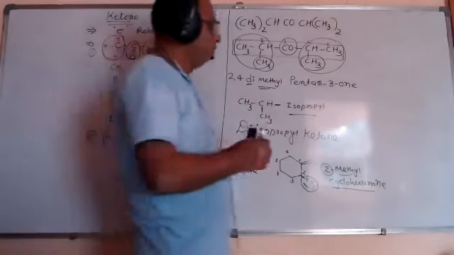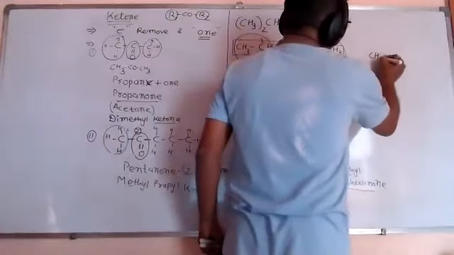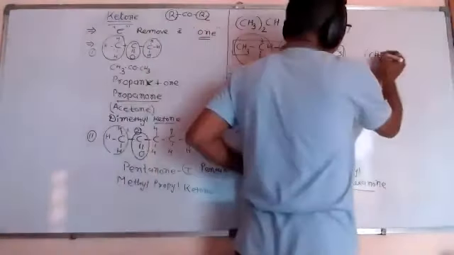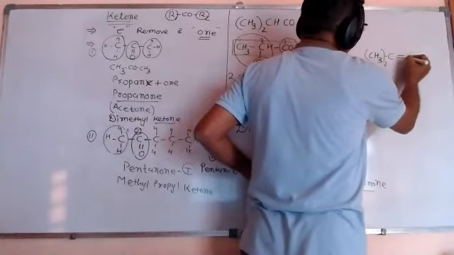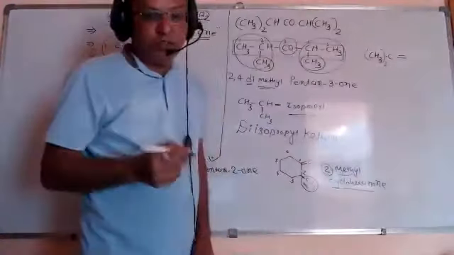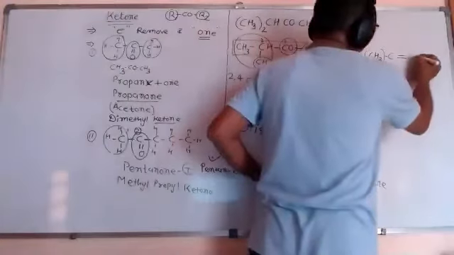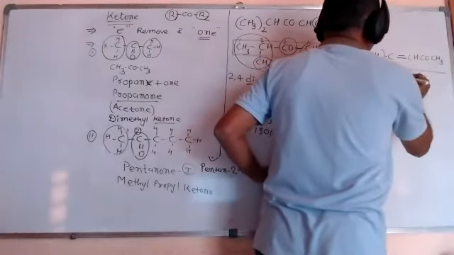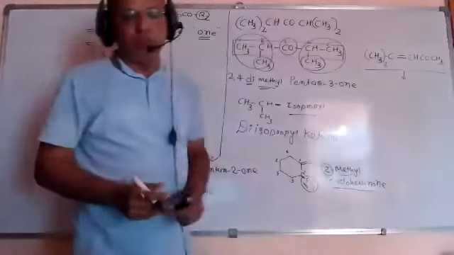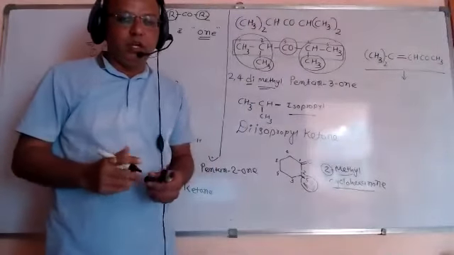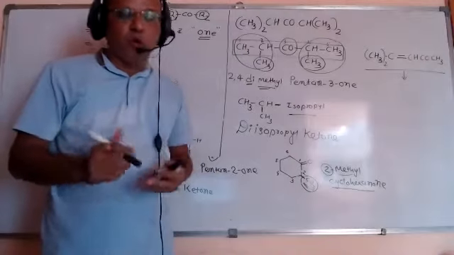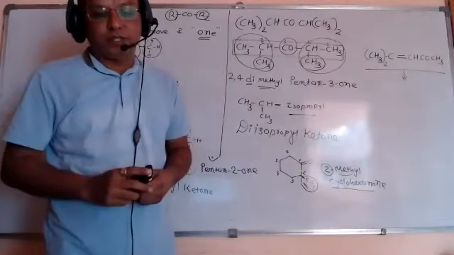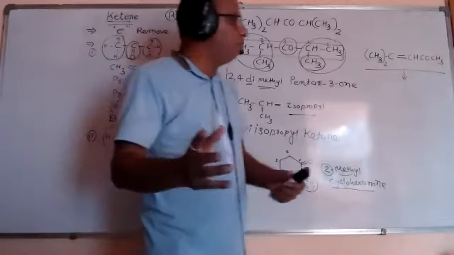Right? One more. If this type of structure in which CH3 2 times C, then double bond CH CO CH3. Friends, whenever you find any compound which looks complex, you just write it once again in simple form. How is it in simple form?